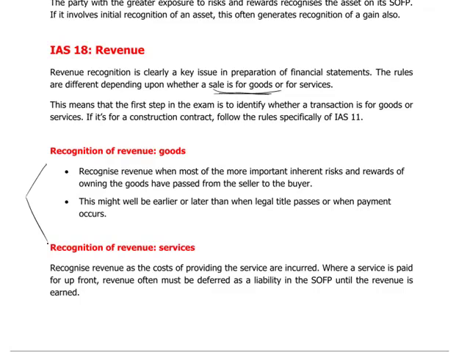So as at the cutoff period, as at the year end, would you recognize the sale? The answer is no, not yet. That could be a sale of next year, when the whole transfer in terms of risks and benefits took place.